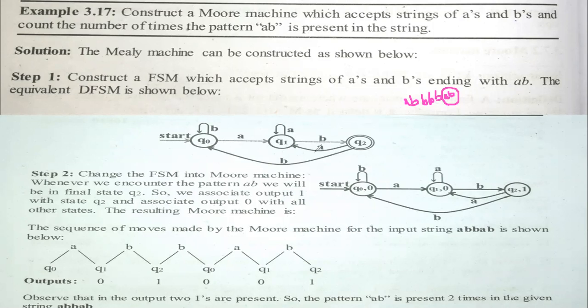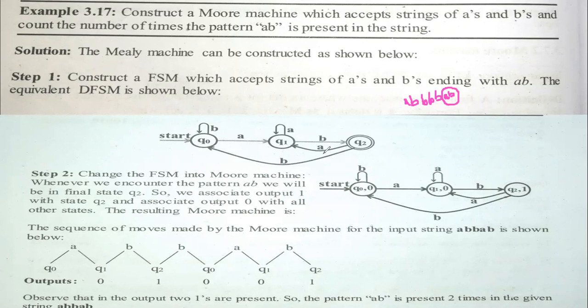That means whenever you get the AB pattern, it moves towards the final state. After that AB, if any other alphabet comes, it goes to some other location, and from there we again check whether we get an AB or not. The number of times we reach the final state is the number of times the AB pattern occurs. That is the logic we are using here.